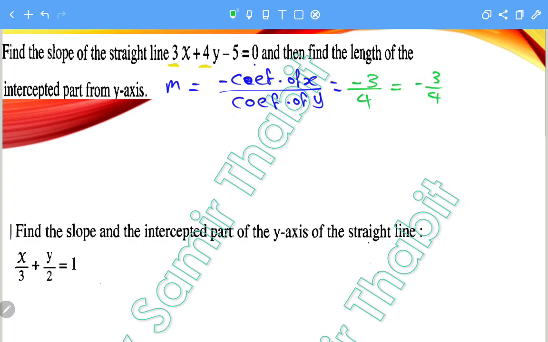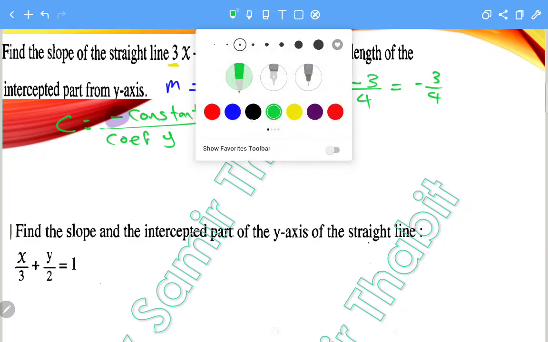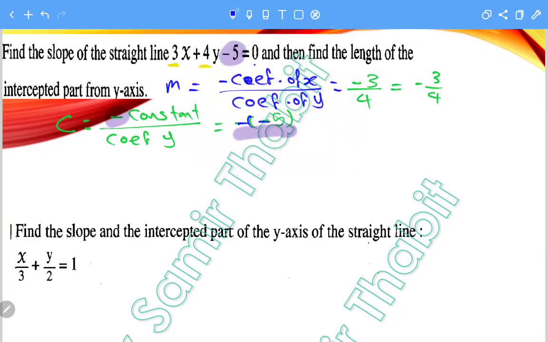What about c? c equals negative constant over coefficient of y. The constant is negative 5, so negative negative 5 over the coefficient of y, 4, it's 5 over 4.